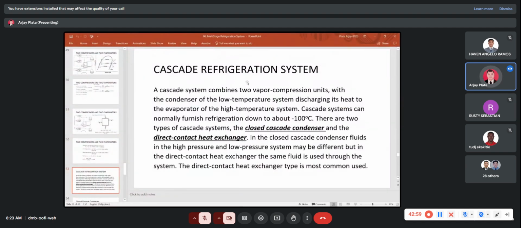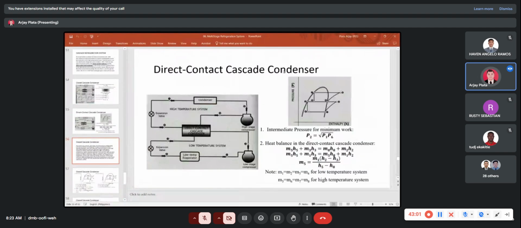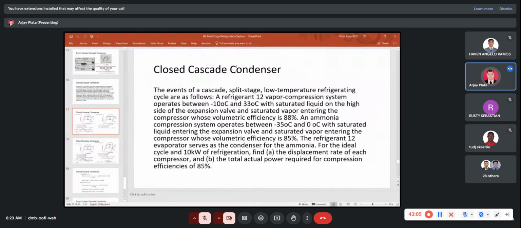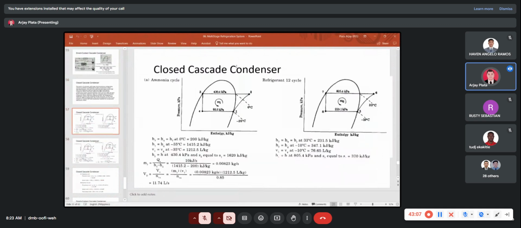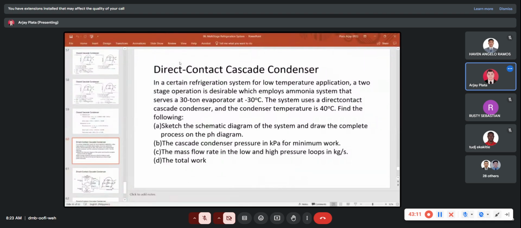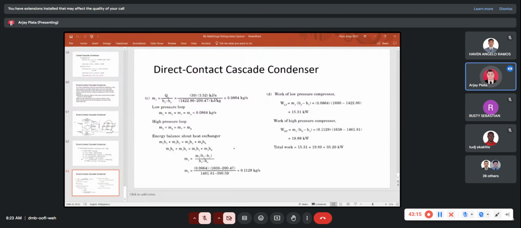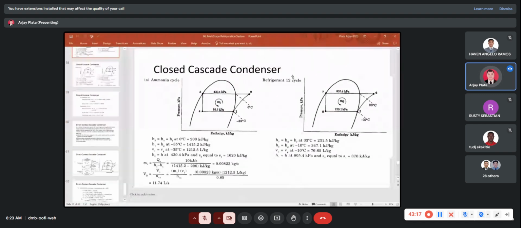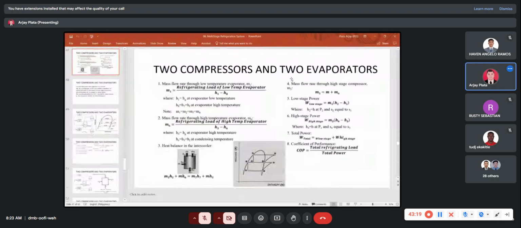We have cascade, direct contact cascade condenser, closed contact cascade condenser. Nasabi ko na siya. Ayan, lahat ng yan may mga examples dito sa module natin.